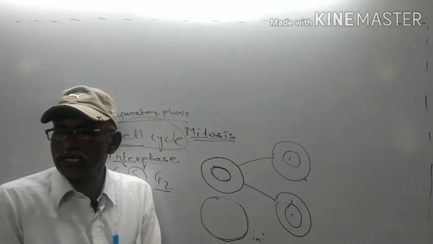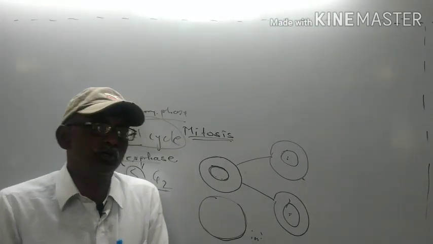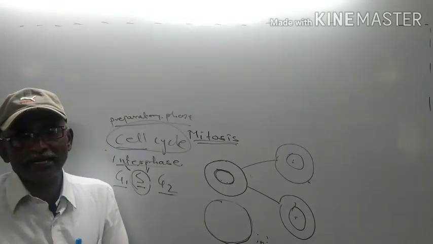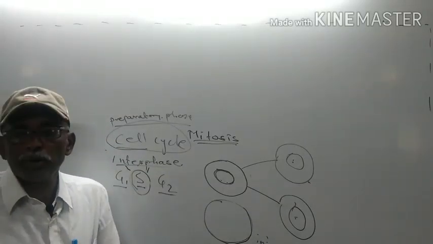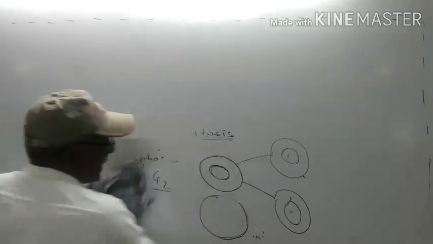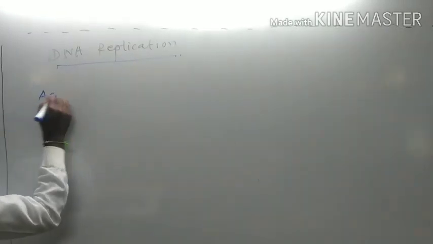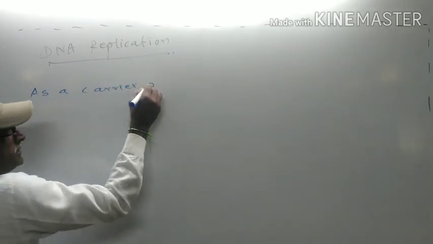When a cell reproduces, the cell should duplicate, and this cell duplicates due to replication. As a carrier of genetic information, the DNA has to perform two important functions.